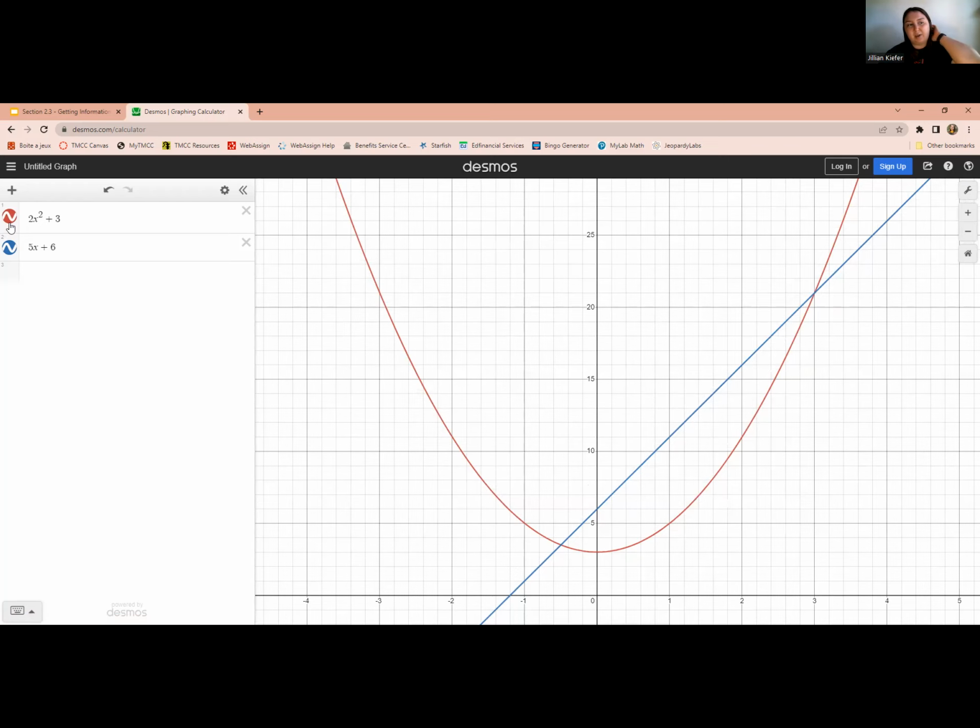So here's our graph. We have 2x squared plus 3 and 5x plus 6. And our first part, part A, we wanted to know, when are they equal? And we said that 2 functions are equal when they cross each other, or when they intersect. So we see that our 2 graphs cross each other at these 2 points right here. If we're using Desmos and we want to know what these values are, we can just click. And there we go. Now we know what the values are.